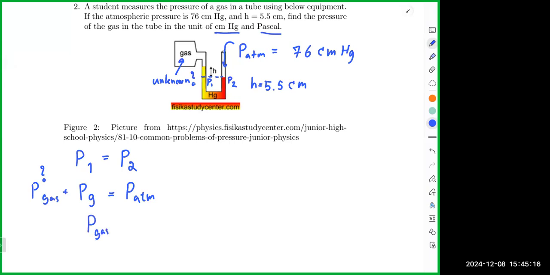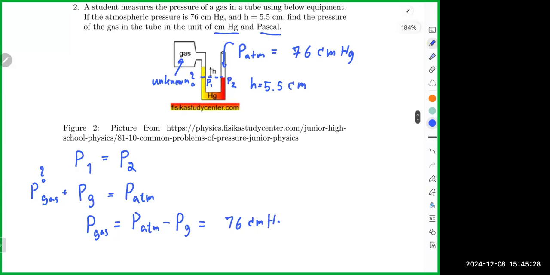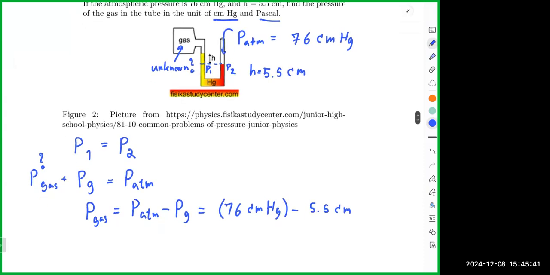So P gas equals P atmosphere minus P gauge, which is 76 centimeter of mercury minus 5.5 centimeter. Actually, it's 5.5 centimeter of mercury too, but it is in the unit of centimeter. It's okay. You get the final answer, which is 70.5 centimeter Hg.